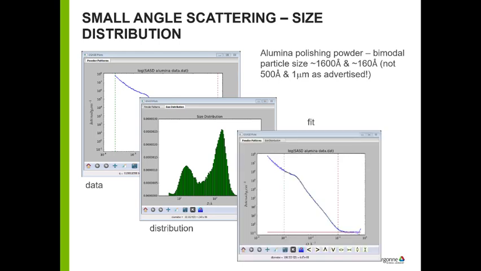And then, once you've known that, you can put in a model that attempts to fit it. And here's the fit. And it's basically, for all intents and purposes, identical to the data. Notice this scale here is in powers of 10. So there's a huge range of intensities for small angle scattering, covering, what, 10 orders of magnitude, something like that. So, yeah, and there's a little bit of a background.